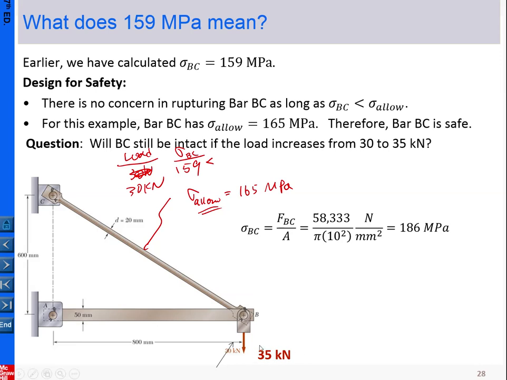When the loading becomes 35 kilonewtons, the corresponding stress in BC will be up to 186. Right now you can see this one is greater than the allowable stress.